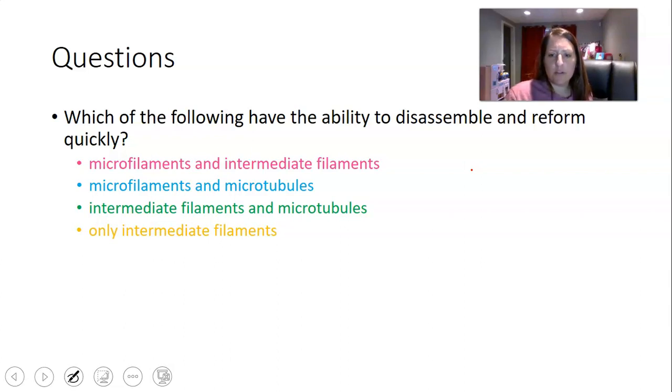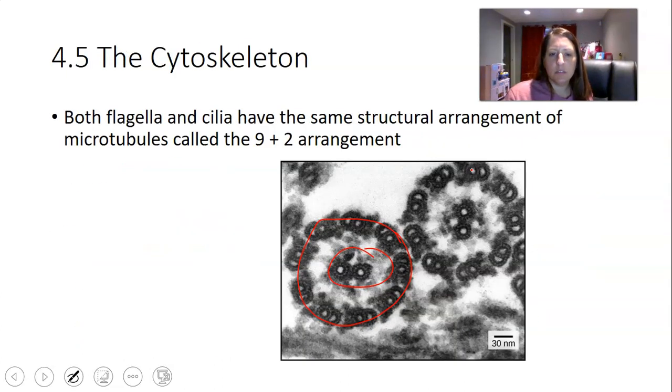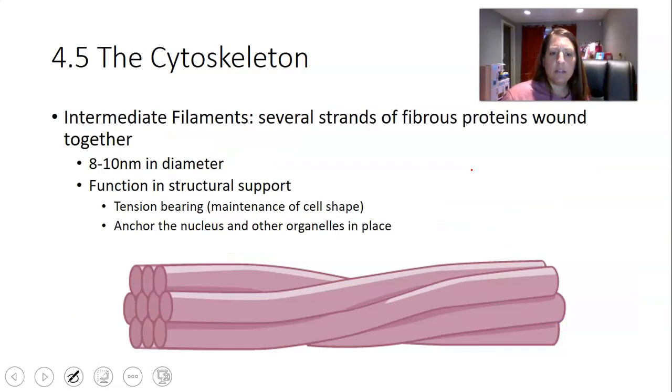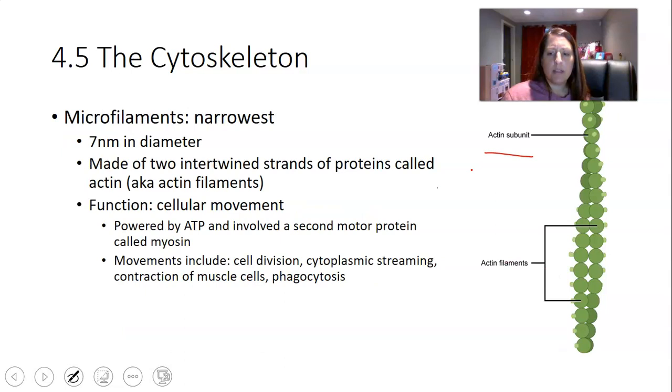So I'm not sure if I addressed this as well as I should have, so let's go back for a second. We know that microtubules can disassemble quickly, okay? Let's take a look at these intermediate filaments. These are made of strands of proteins wound together, and let's compare those to microfilaments that are made up of these individual proteins.